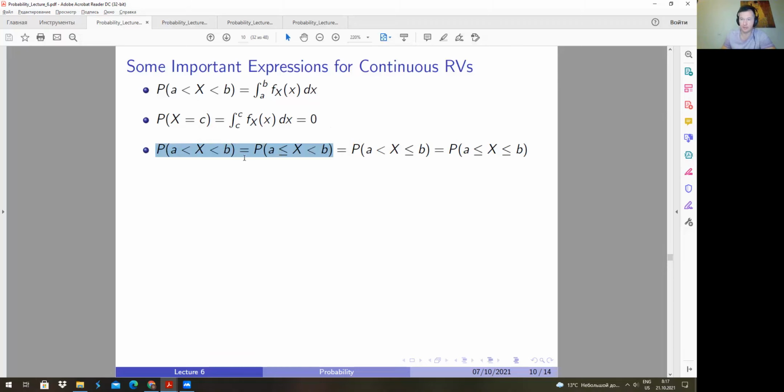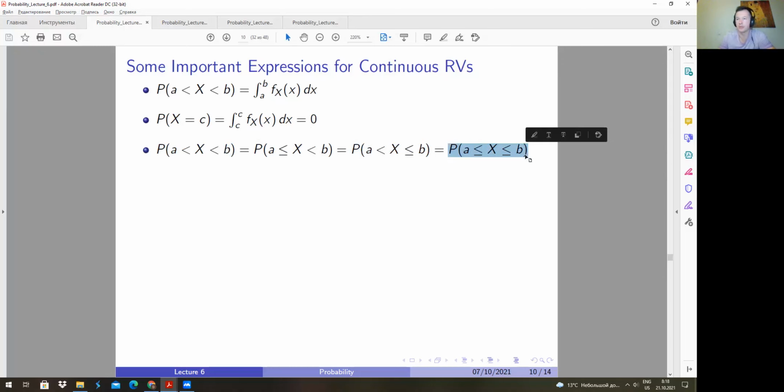Based on the same logic, we can continue proving this. Here, the probability that x is greater than a and less than or equal to b is this probability plus the probability that x equals b. The probability that x equals b is 0. That's why these probabilities are equal. And also here.